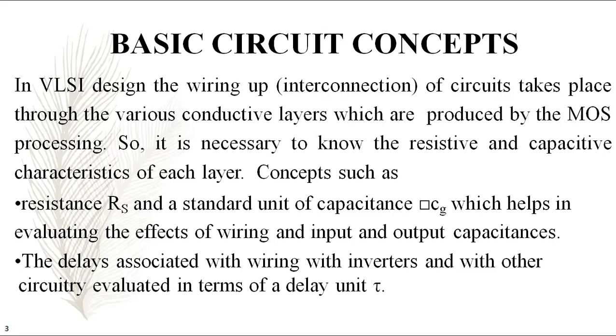All these things are purely based on two parameters: one is length, the second is width. The sheet resistance and capacitance are derived purely based on these two parameters, length and width. If they are the same, length equal to width, then we can call it a square. When L equal to W, we call it a square.